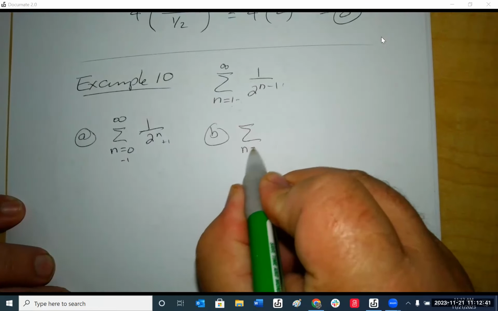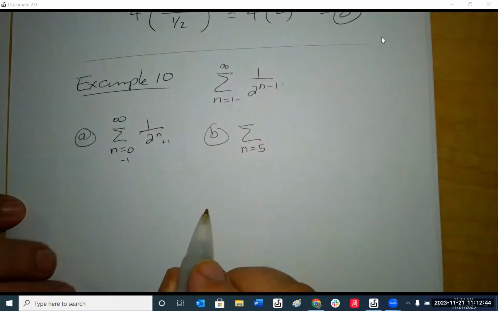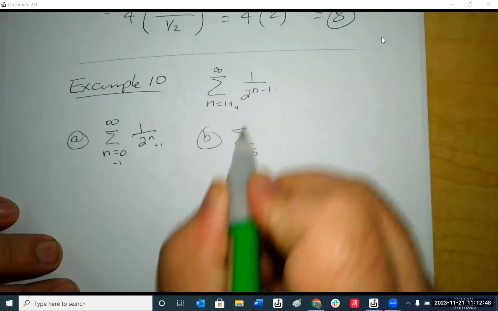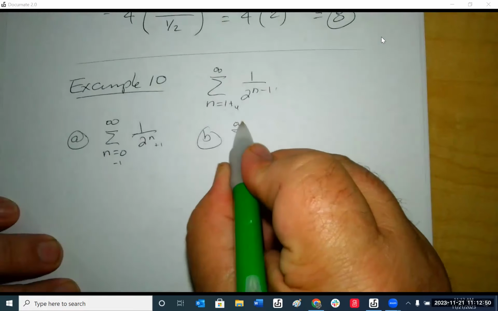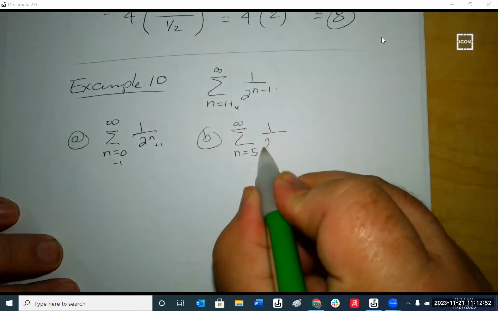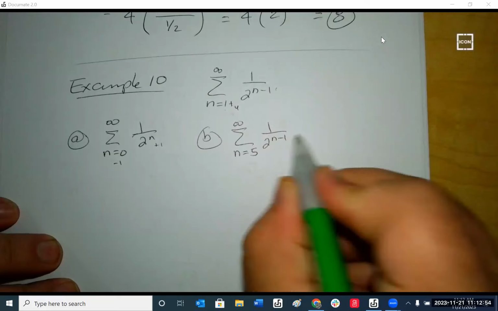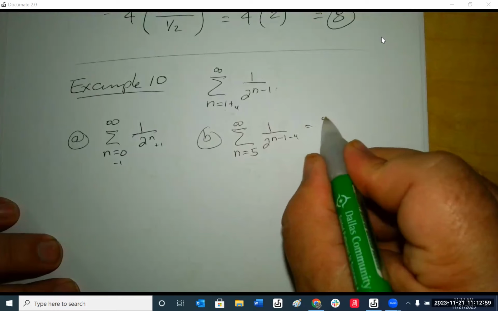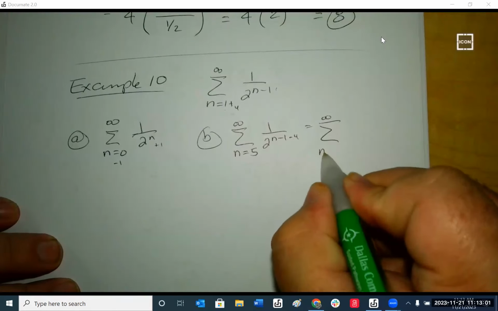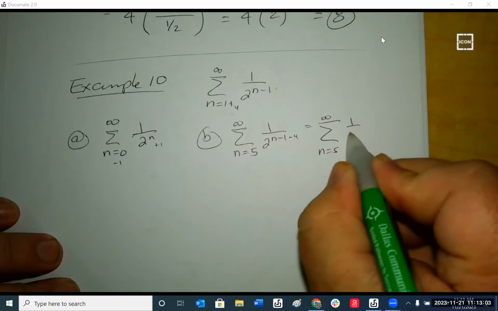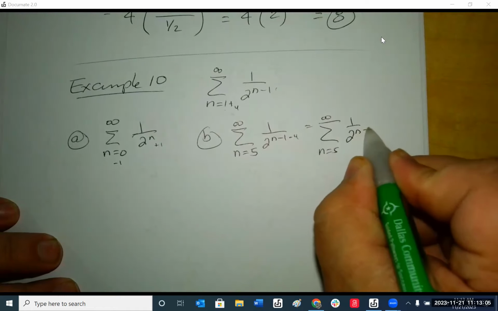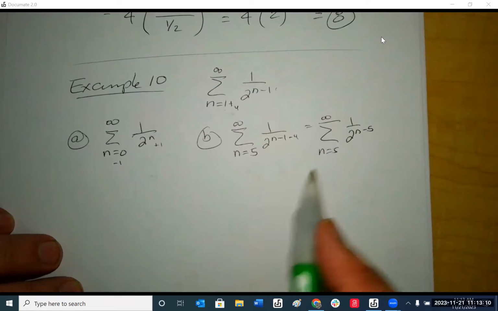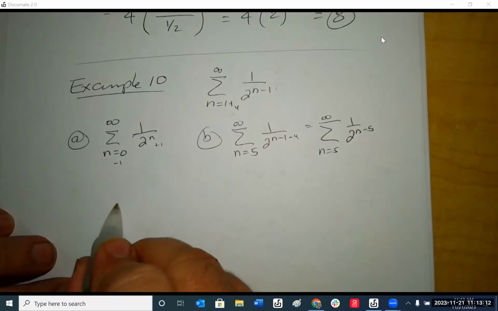Let's say we want to start at 5. So from 1 to 5, we added 4, which means here we have to subtract 4. One over 2 to the power n minus 5.